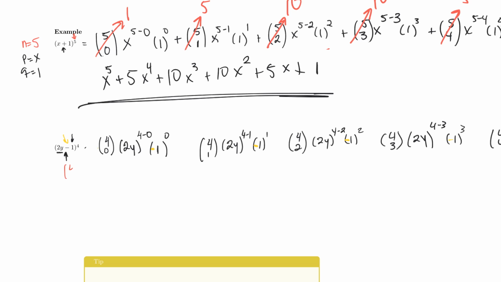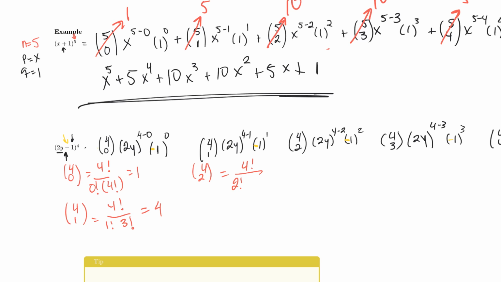Okay, so let's start with the coefficient section. We have 4 choose 0, 4 factorial over 0 factorial times 4 factorial, this is equal to 1. 4 choose 1, that will be 4 factorial over 1 factorial times 3 factorial, this is equal to 4. Then we have 4 choose 2 is equal to 4 factorial over 2 factorial times 4 minus 2 is 2 factorial, this is equal to 6.